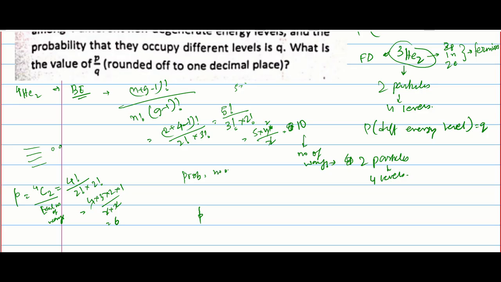Probability is number of favorable ways or possibilities divided by the total possibilities. Number of favorable ways is 4C2 divided by the total number of possibilities, which is 10. So 6 divided by 10, 0.6.